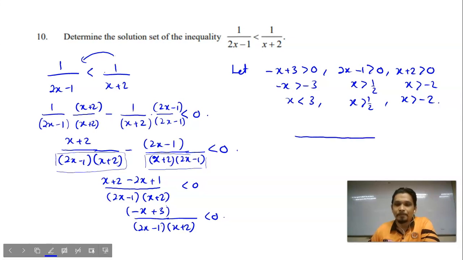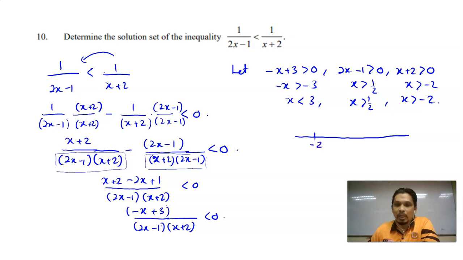Then, negative 2, half, and 3. So, x less than 3. Okay, sorry.